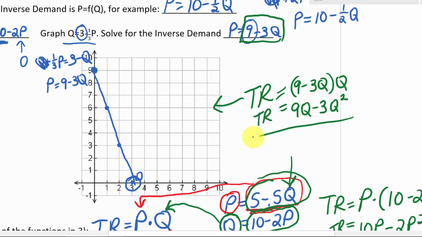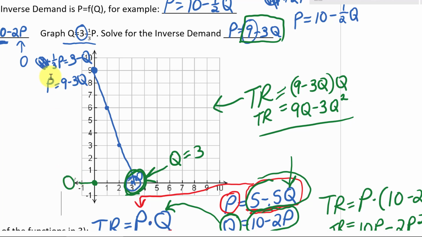And we can pick a couple of points and check this. Here's an interesting one. Let's pick this point right down here. What would the total revenue be if Q is 3? Well, if Q equals 3, this is saying that the price has got to be 0, right? So total revenue has to be 3 times 0, or 0.